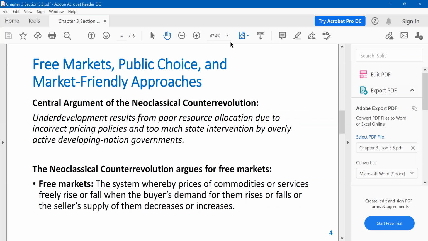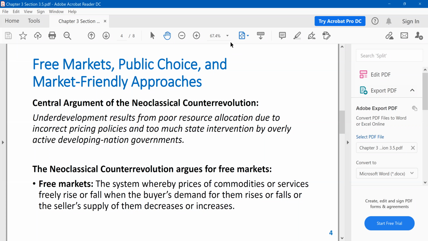Central argument again, if I read it, underdevelopment is because resource allocation is badly managed by the government. Why? Because states intervene with the markets, with minimum prices or maximum prices, with fixed exchange rate regimes. So they pin down relative prices, and those relative prices now reflect not the market forces, right?